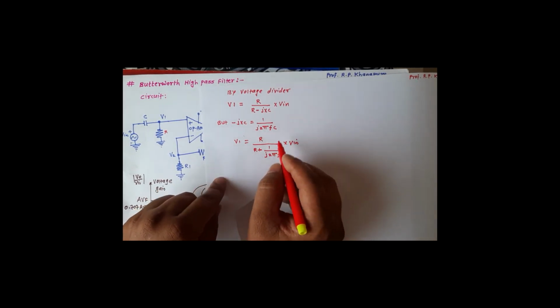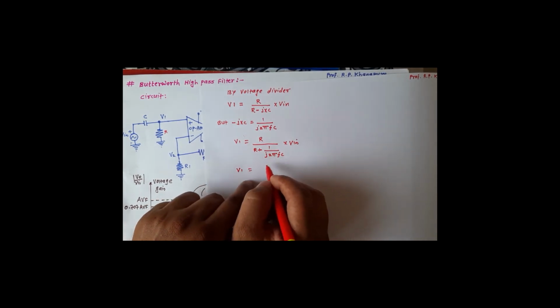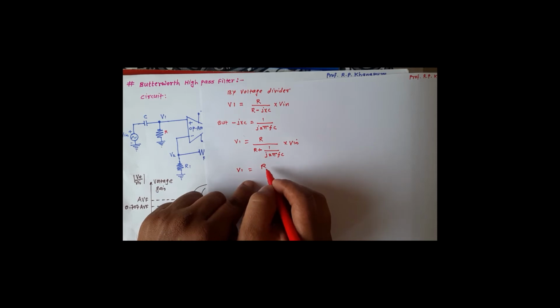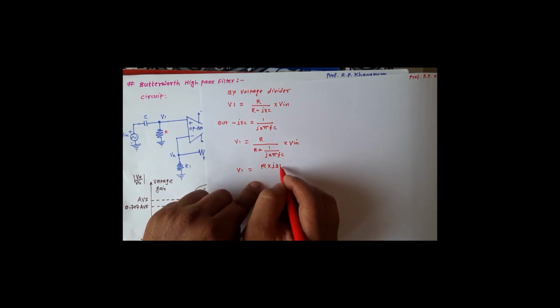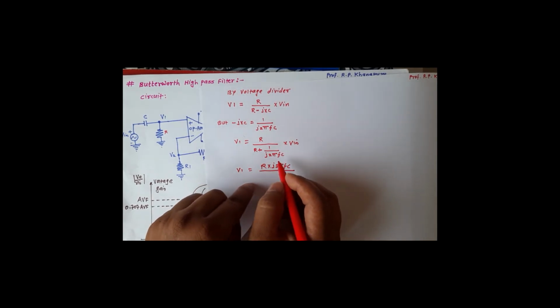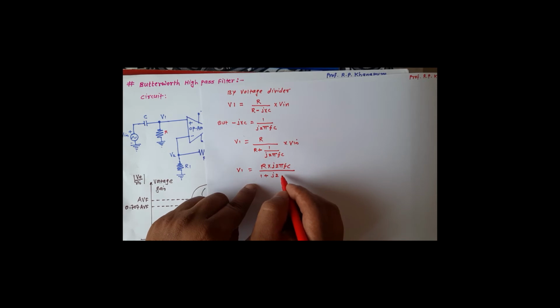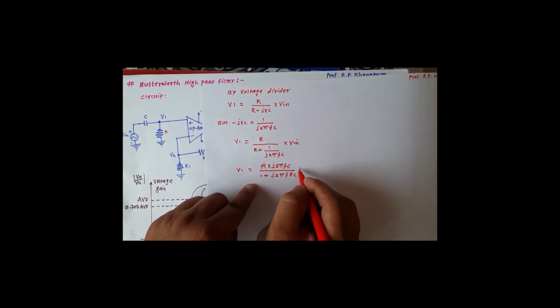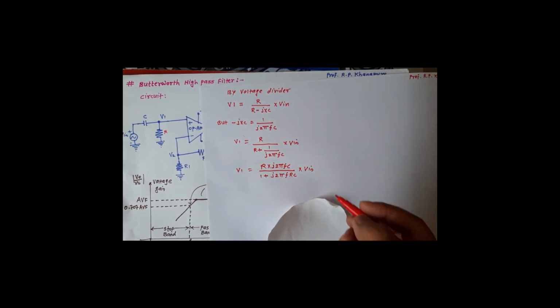Okay, so after that, taking its LCM, the equation becomes R into j 2 pi fC upon 1 plus j 2 pi fRC into Vin.